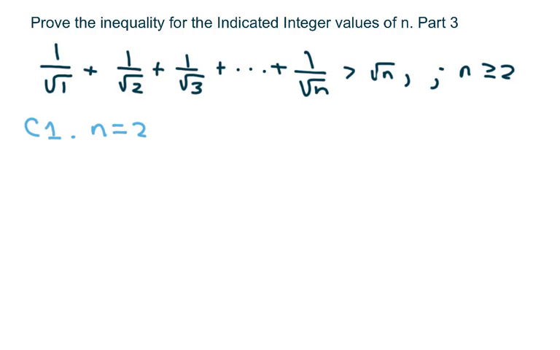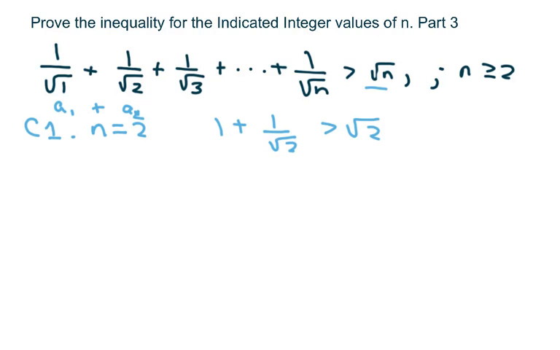So I'm going to add the first two terms here, and when I add those, that's 1 plus 1 over square root of 2, and that should be greater than the square root of 2.